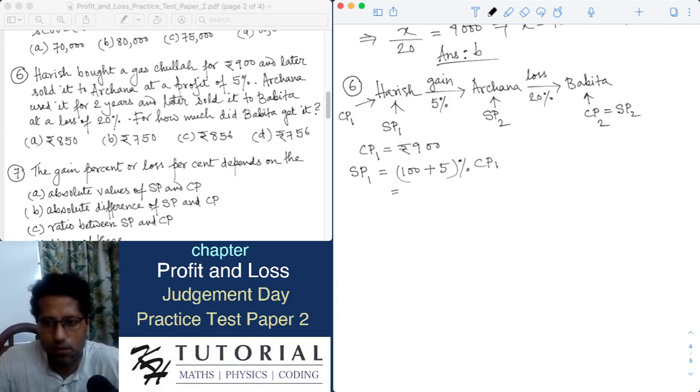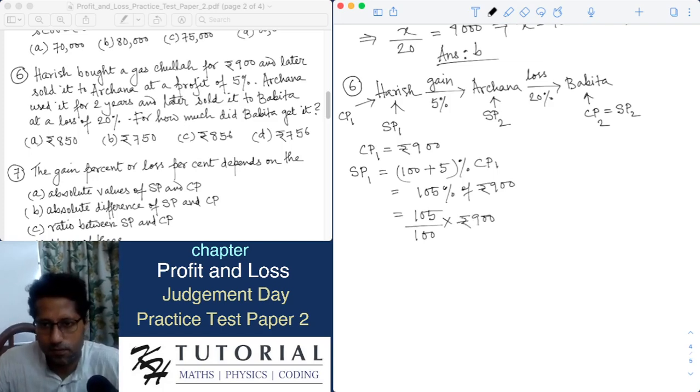This is equal to 105% of rupees 900, which means 105 divided by 100 into rupees 900.